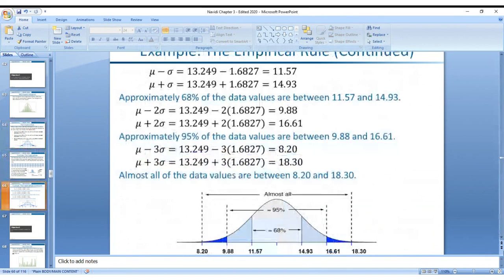Then if we go out to 3 standard deviations, I won't go through the calculations because it's just 3 times that standard deviation. That gives us the endpoints of 8.2 and 18.3. Now, 18.3 was greater than any of the values on that data.